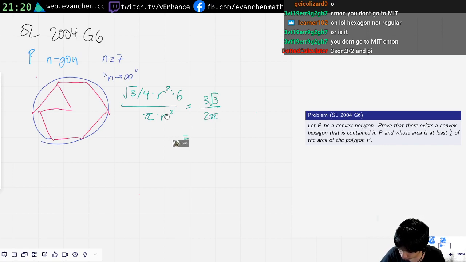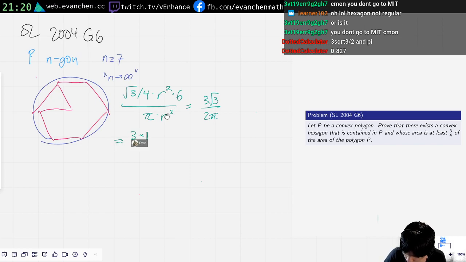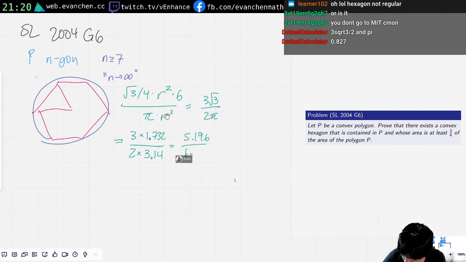Okay, so now let's do some mental arithmetic. For no reason at all, I happen to know the decimal approximation for √3 is 1.732. And we'll just say pi is 3.14. So this is 5.196 over 6.28, which is definitely more than 3/4.